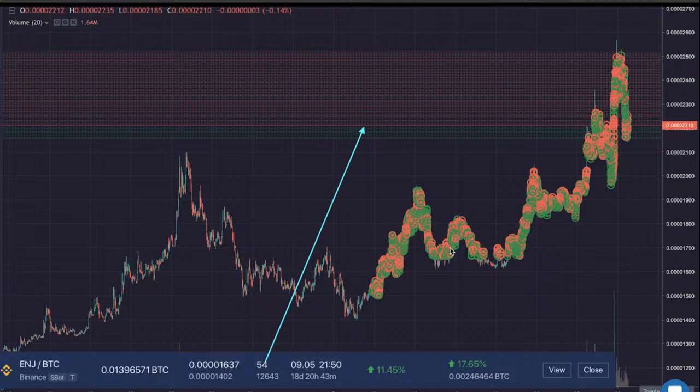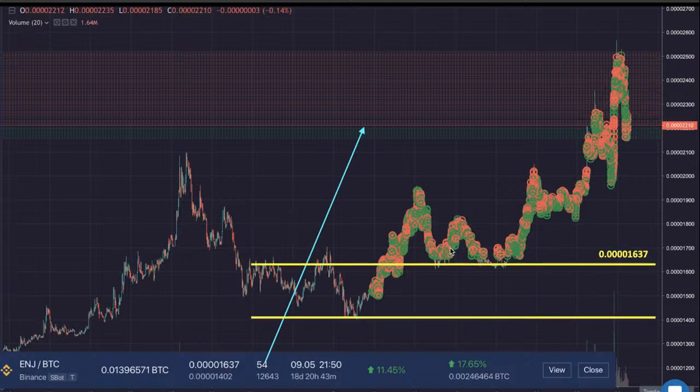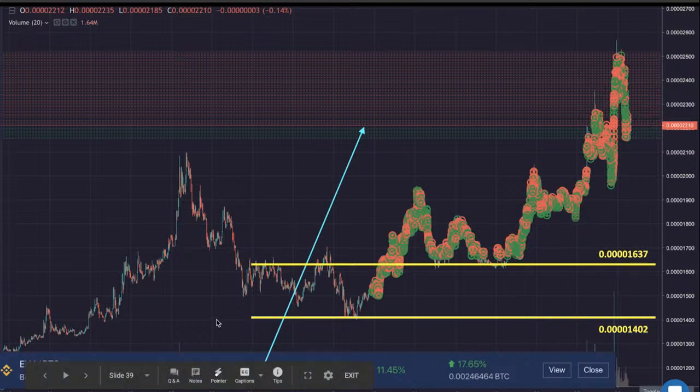Initially you see that my trading range was defined by these levels. So that's 1637 over here. That's my upper limit price, and 1402 is my lower limit price.